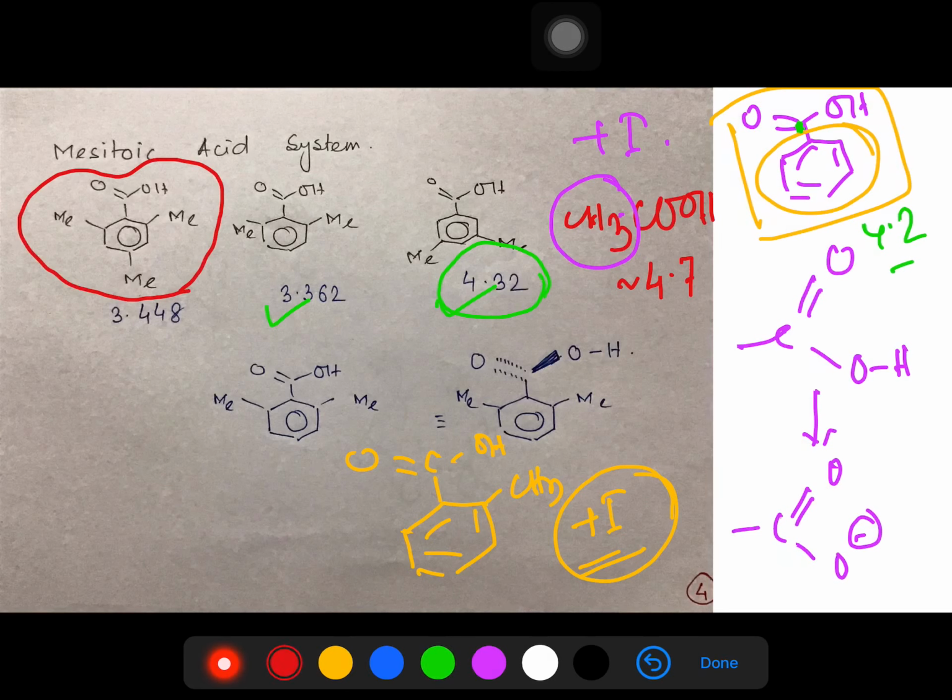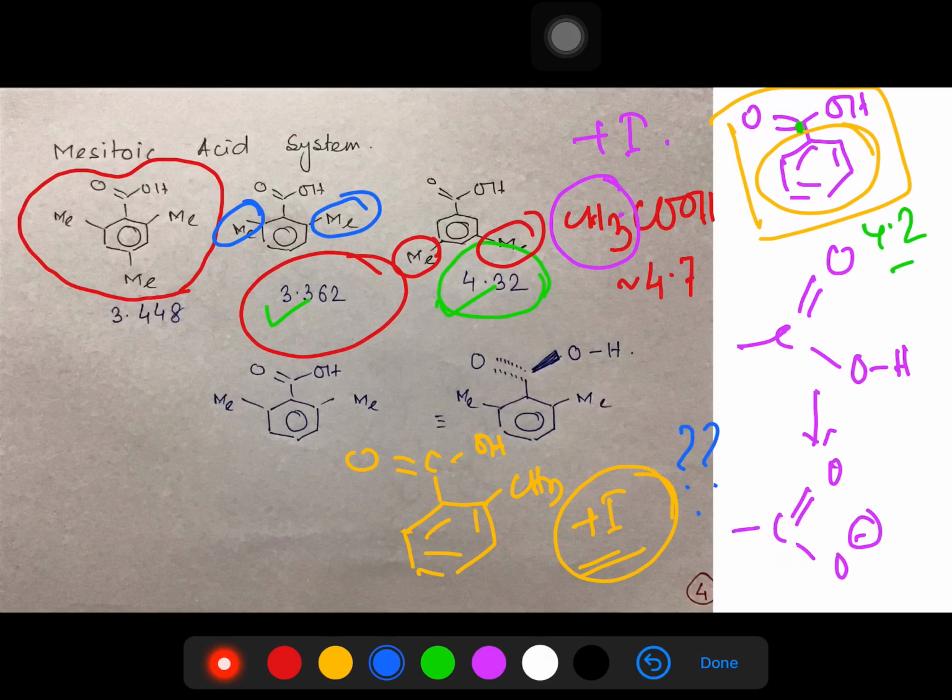But question is this one, why is this more acidic compared to benzoic acid? See, here also 2-methyl, here also 2-methyl, but in this case why is this acidic? So plus I effect is not enough to explain this. So question, what is happening in this case?